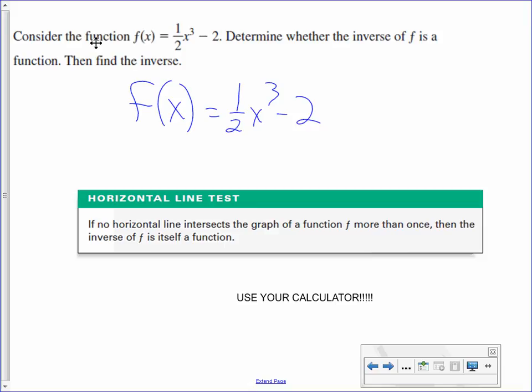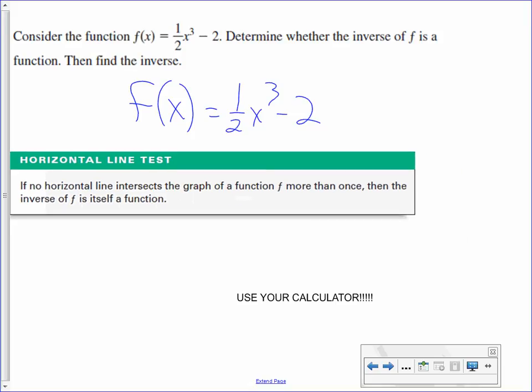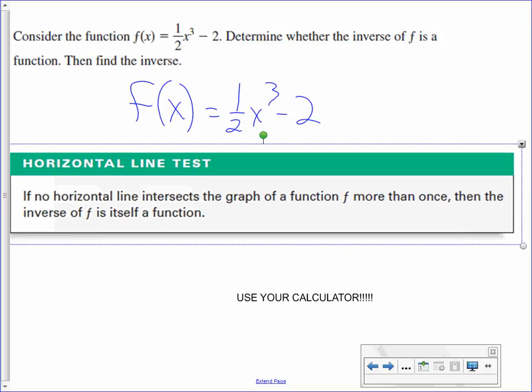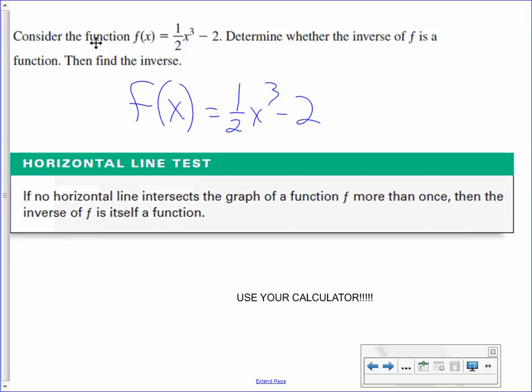The next step in all of this, obviously, is to tell whether or not your inverse will become a function. Remember when we had functions before, and you would have to pass that vertical line test? You have to pass the vertical line test, it's a function. Well, when you're dealing with an inverse relation, you're looking at what's called a horizontal line test. Now, we all know the difference between vertical and horizontal, right?